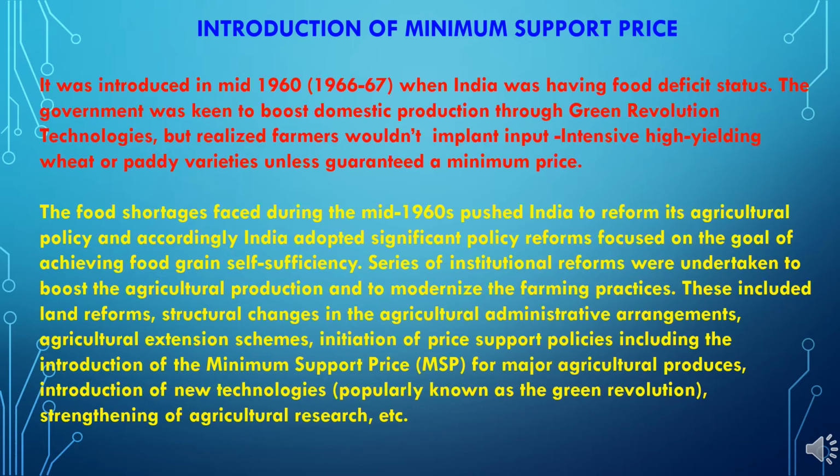These included land reforms, structural changes in the agricultural administrative arrangements, agricultural extension schemes, initiation of price support policies, including the introduction of the minimum support price for major agricultural produces, introduction of new technologies, popularly known as Green Revolution, strengthening of agriculture research, etc.